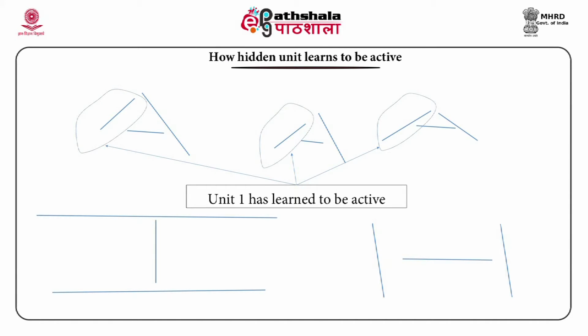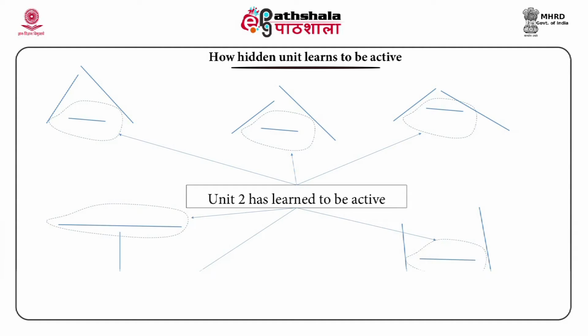For example, I have 3 inputs A, I and H, and I am showing 3 different images of A, but 2 images each of I and H. Okay. So, there is a unit 1 which learns to be active when one slanting line, going up from left to right, is present in the image.